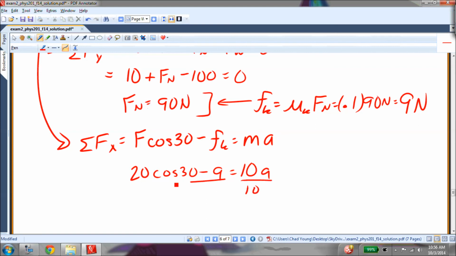Divide both sides by 10. And I find that a is equal to 0.8 meters per second squared. And that's the right answer.